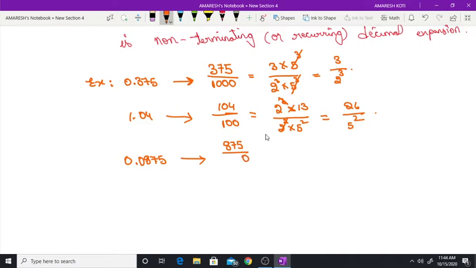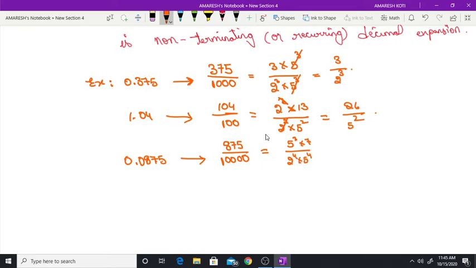So keep 4 zeros and keep 1. 875 can be written as 5 cube into 7, so 5 cube into 7 by 10,000. 10,000 can be written as 10 power 4, and 10 power 4 can be written as 2 power 4 into 5 power 4.